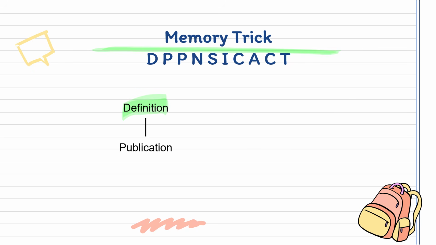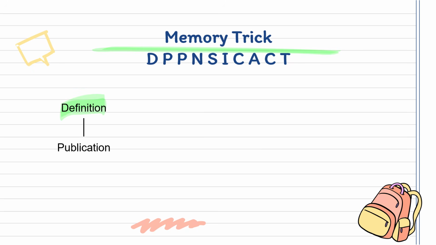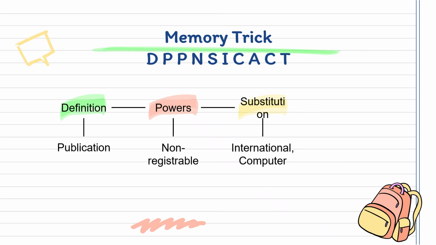So meaning, D means definition expanded, P prior publication clarified, P powers delegated and non-registrable designs, S substitution of application, I international classification, C computerized register, A appeal to High Court, C cancellation provisions, T term extended 10 plus 15 years. If you remember this short code, you can easily recall the entire answers in exams.